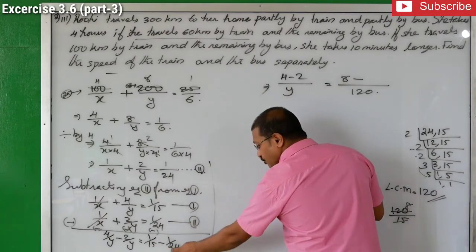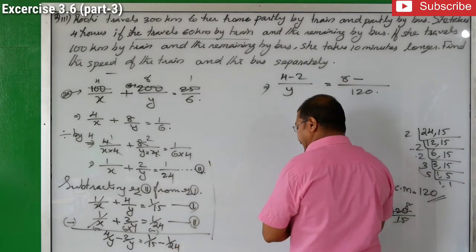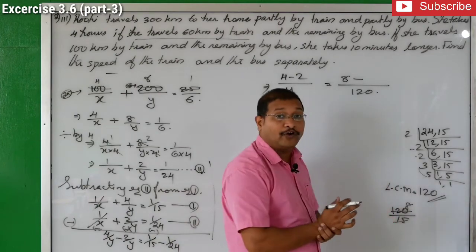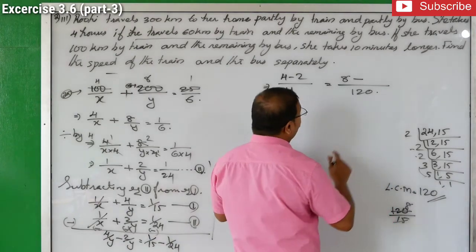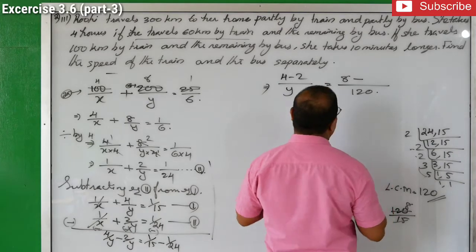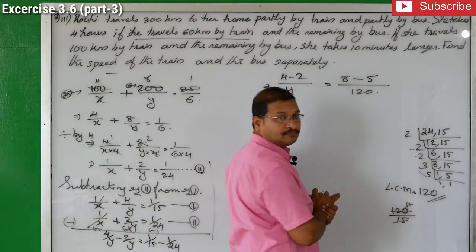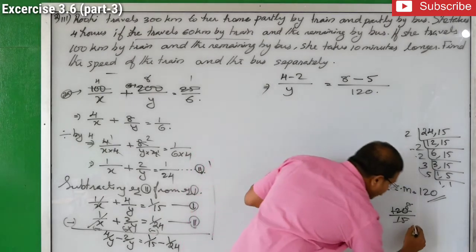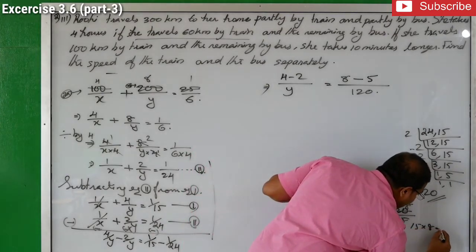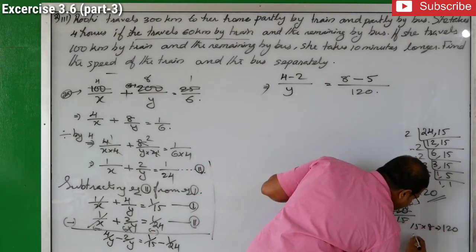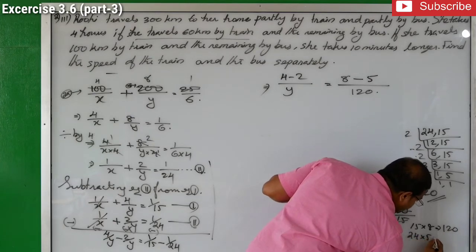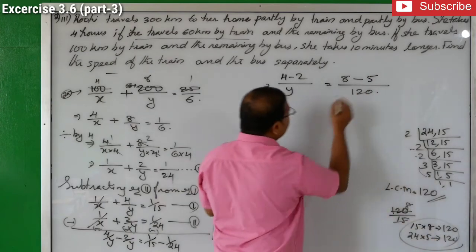Minus, now 24 into how much you will get 120? 24 5s are 120. That means 1 into 5, 5. Ready? See? 15 into 8 will get 120. 24 into 5 will get 120. Ready? So this way we will apply here.